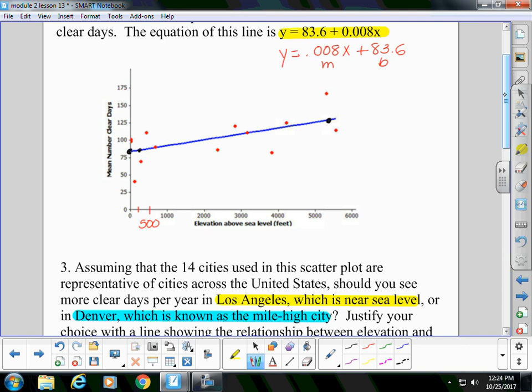So here's the point that I looked at. Here's Albany. And here's the point that I looked at. Look at the difference there. Versus here's Albuquerque, the point that I plotted, versus this point here. This is Albuquerque's point.